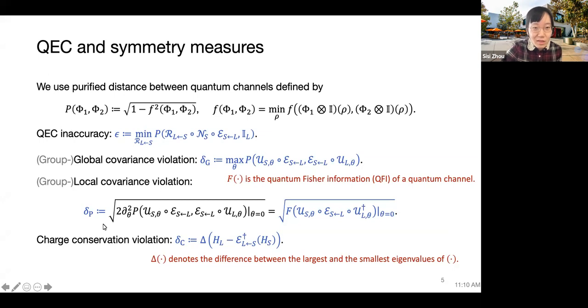So this is the quantifiers of the properties we want to study. Now I'm going to talk about the trade-off relations between the QEC accuracy and the global and local covariance violations, and also the charge conservation violation.